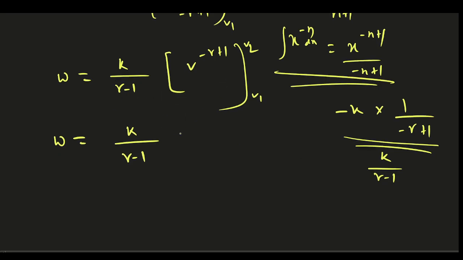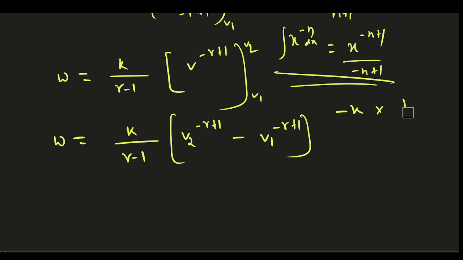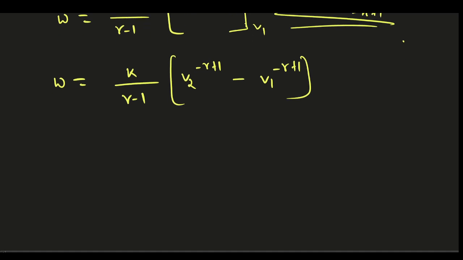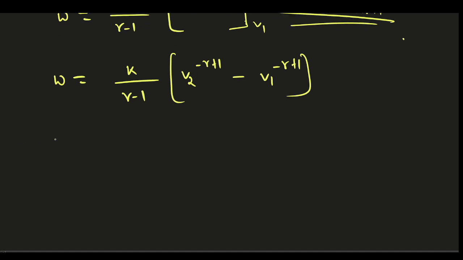So I can put V2 to the power minus gamma plus 1 minus V1 to the power minus gamma plus 1. This is the value. Okay, so W becomes k over gamma minus 1. So this value will be how much?